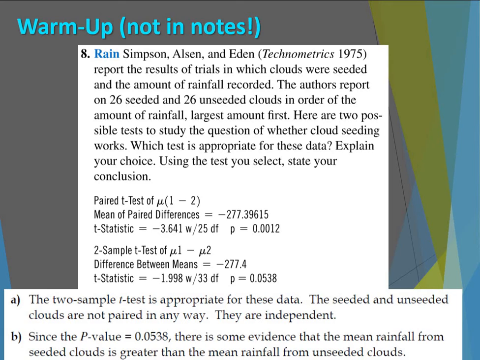0.0538. And what they've got here is there's some evidence, because it really comes down to what you claim your alpha to be. And alpha is not always 0.05. It depends upon what you're studying. It depends upon your risk of that type 1 and type 2 error, which one is worse from your point of view.